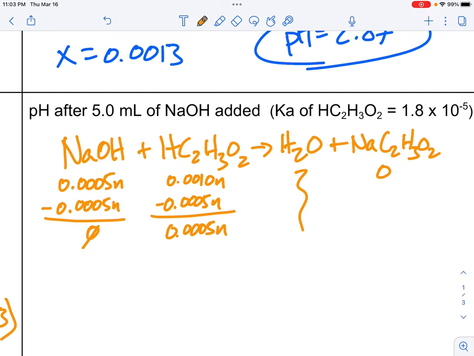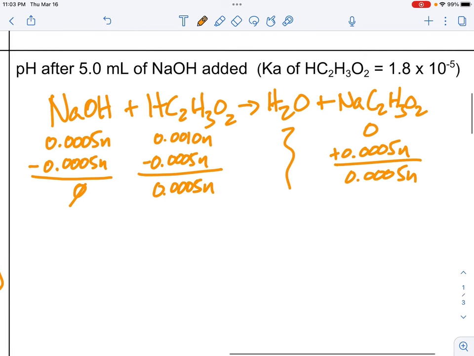And we keep track of it because conjugate bases are impacting our pH. So we have an increase of 0.0005 moles, so we're at a total of 0.0005 moles. And so what we have left over, this is our neutralization, which is our step one.